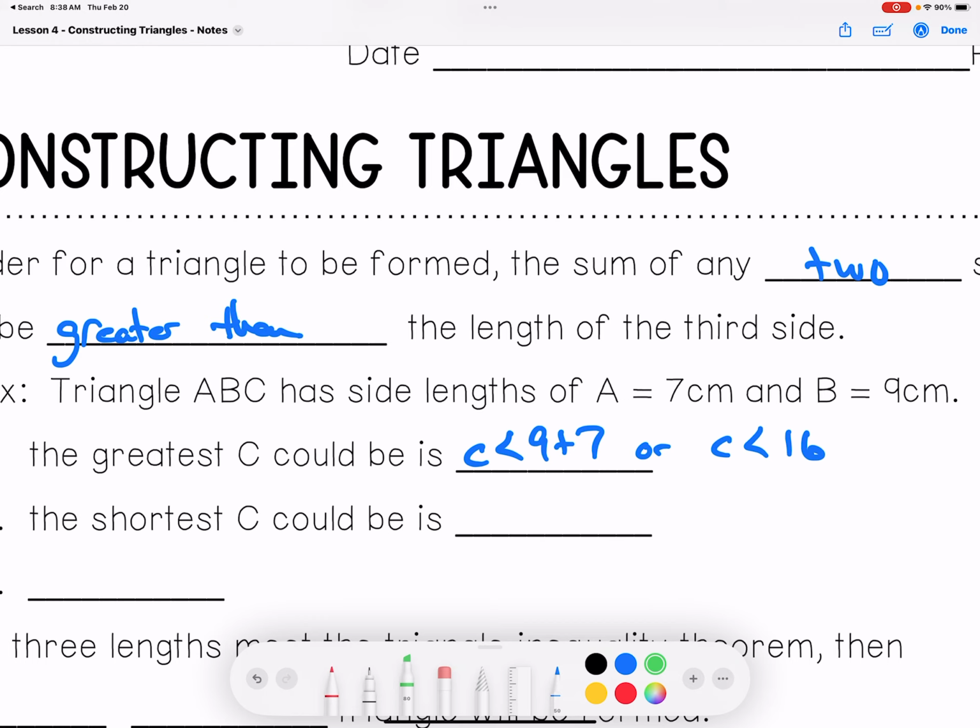The shortest that C could be is that you pick the largest number, which was 9 out of these. So the shortest number that C could be, what? C has to be greater than what? 1.